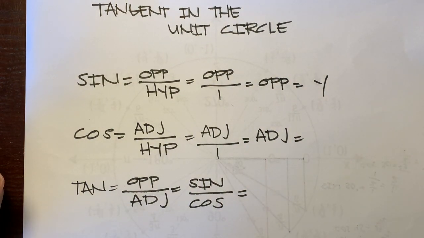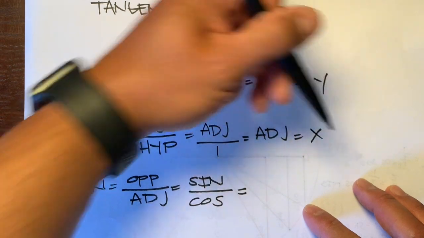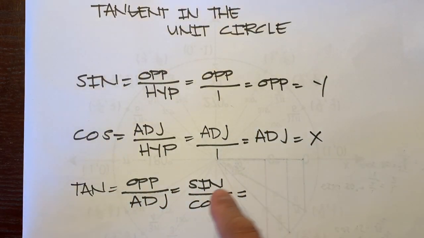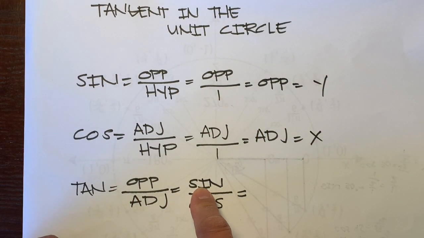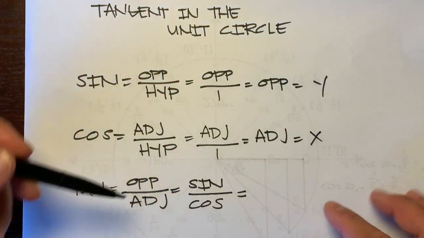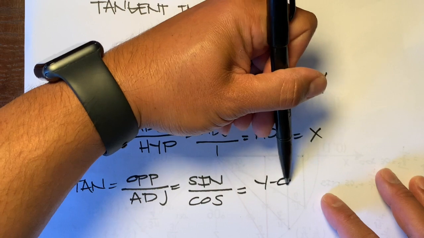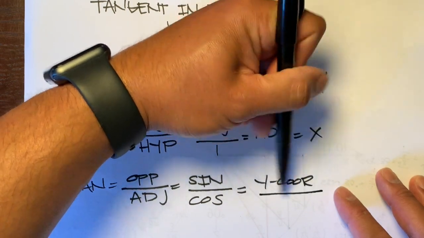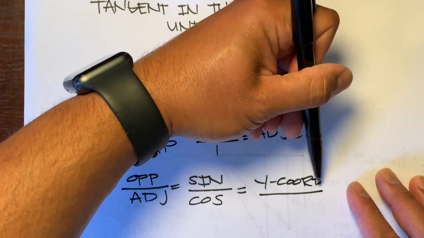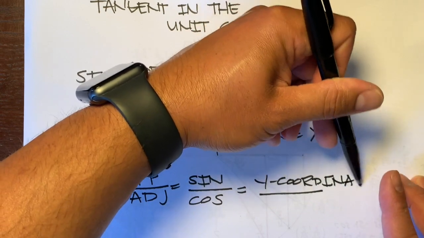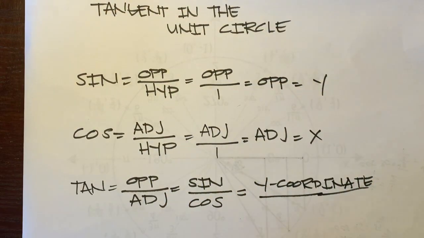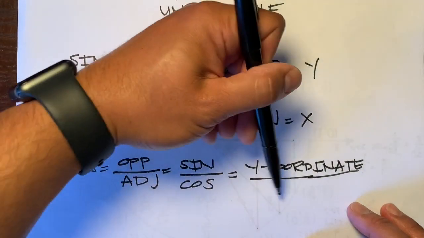Yes, I heard you, the x coordinate. So let's substitute sine, because sine is always the y value, so we can write y coordinate over, let's write out the entire thing, over the x value or the x coordinate.